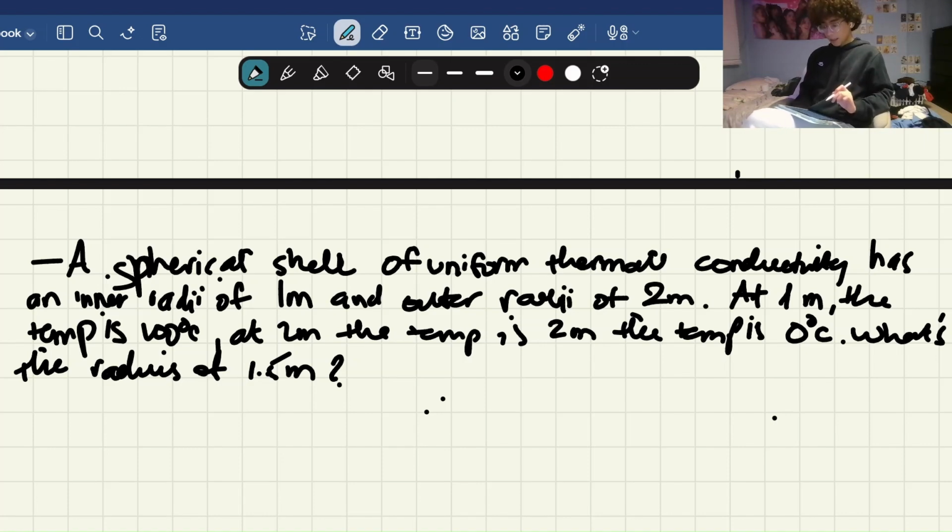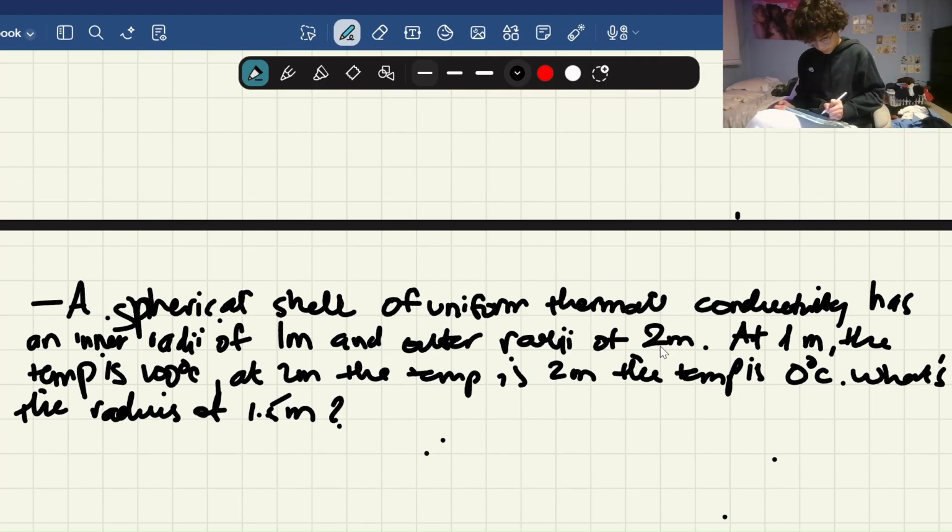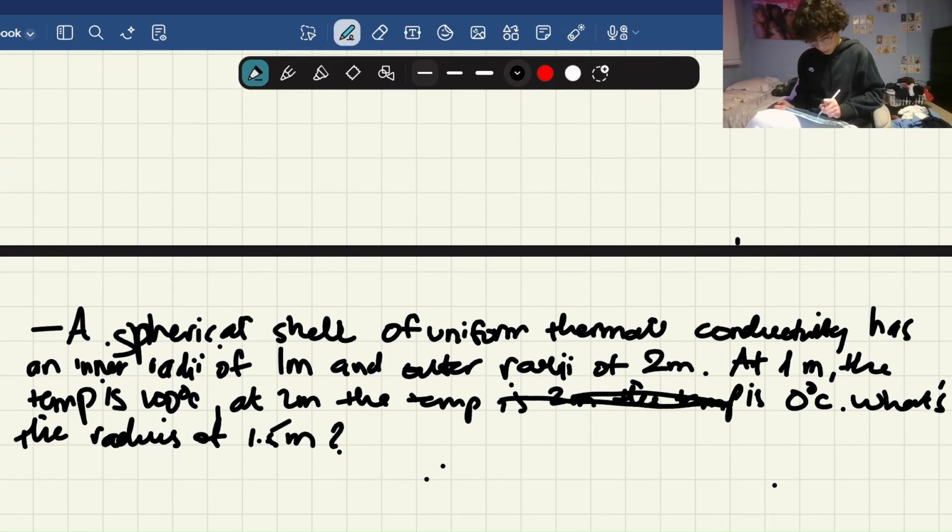At 1 meter radius, the temperature is 100 degrees, and at 2 meters, the temperature is 0 degrees. Sorry, I made a typo here. And the question is, what is the temperature at the radius of 1.5 meters?